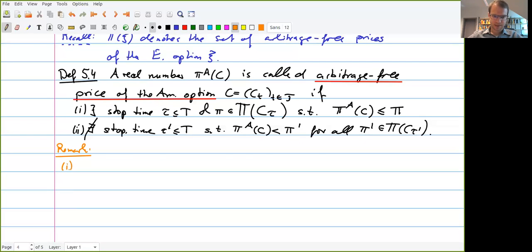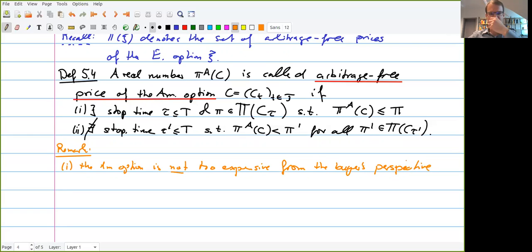Okay. The first says the American option is not too expensive from the buyer's perspective, right?